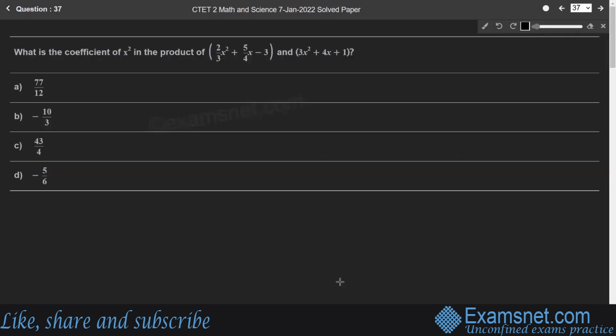Question 37. What is the coefficient of x square in the product of 2 by 3x square plus 5 by 4x minus 3 and 3x square plus 4x plus 1? So here the given expressions 2 by 3x square plus 5 by 4x minus 3. We have to find the product.